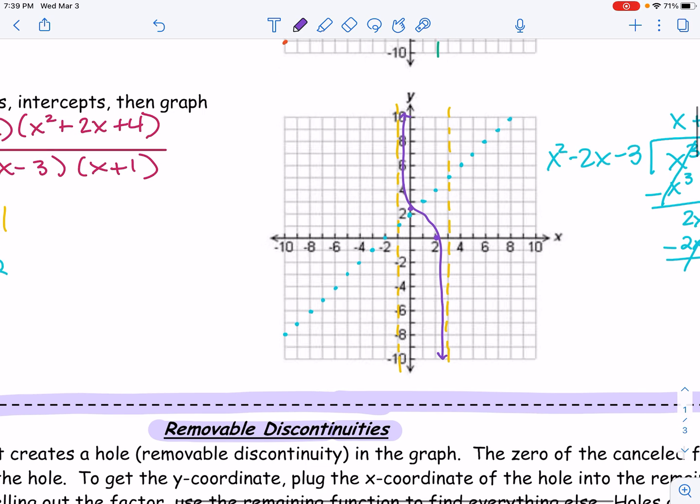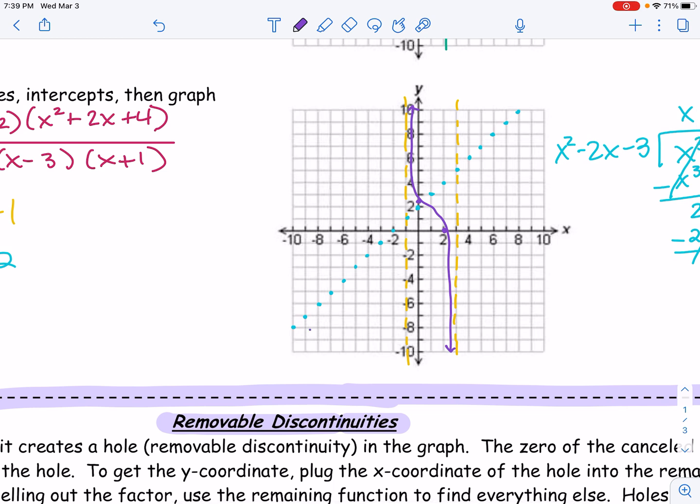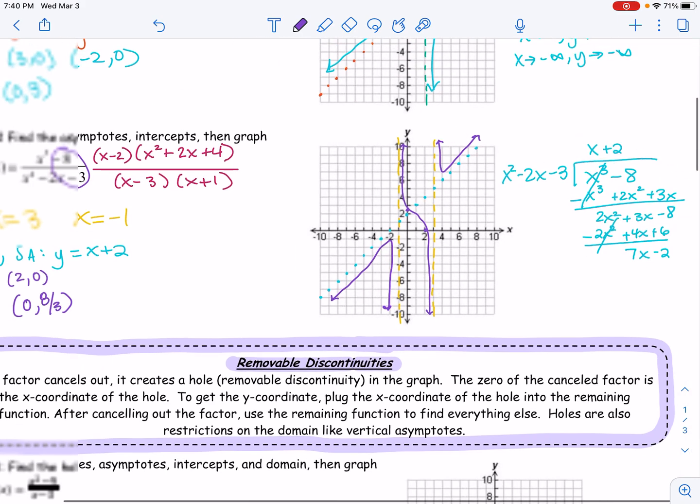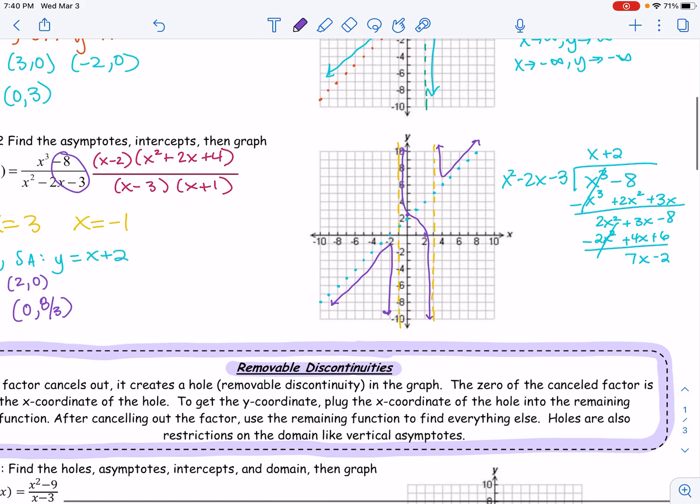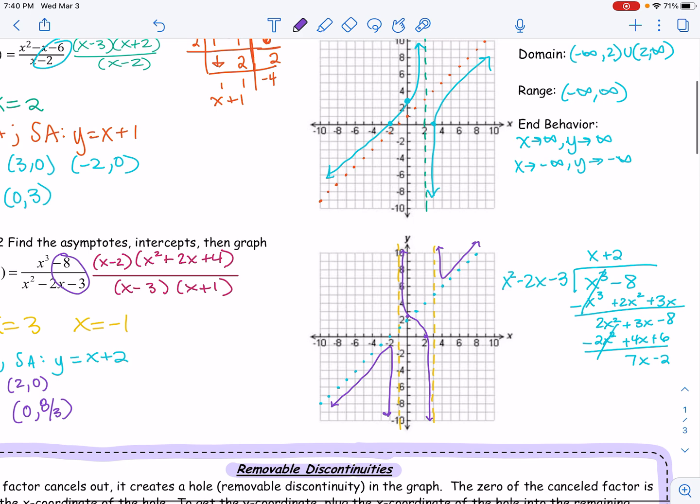Because there are no squared factors in the denominator, we have to approach those vertical asymptotes from different directions. So I'll be here and I'll be here. Okay? So again, you should be able to figure out your domain and range.